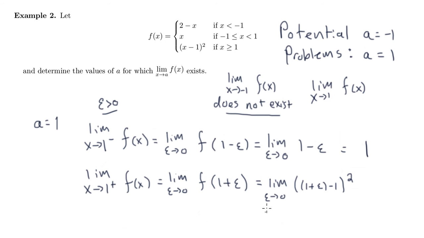And now look, if epsilon goes to 0, this is just (1 minus 1), which is 0, squared. So the limit is just 0. So here are my two limits, from the left and from the right. And again, notice that they're not equal. So this limit, the limit as x approaches 1, also does not exist.